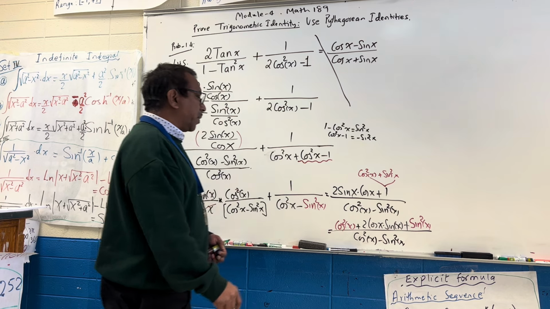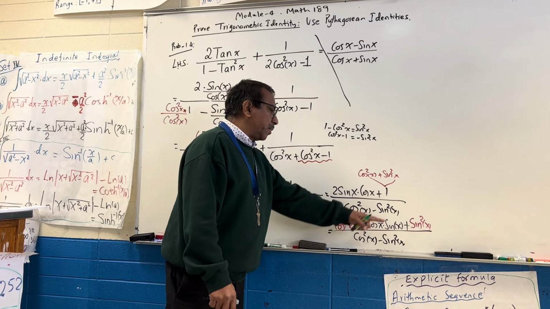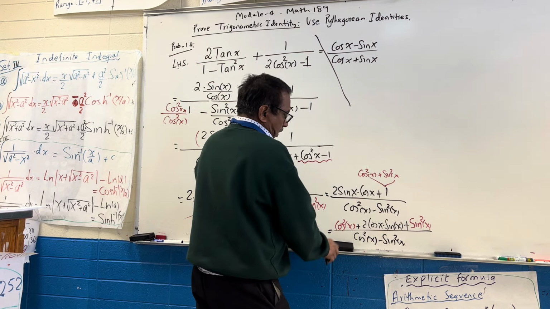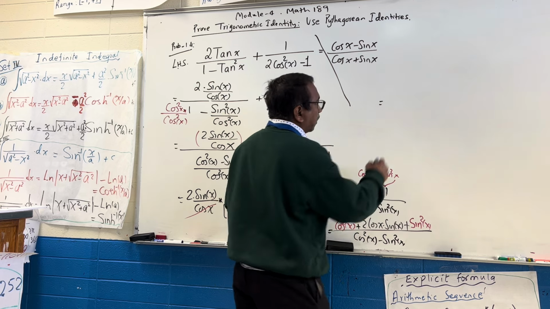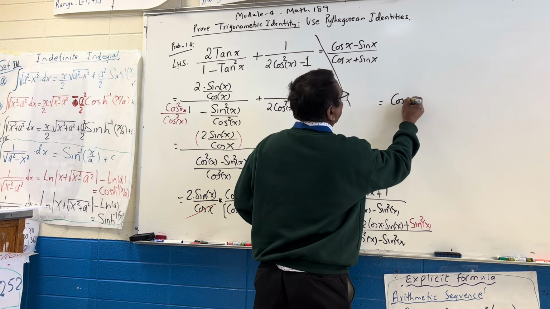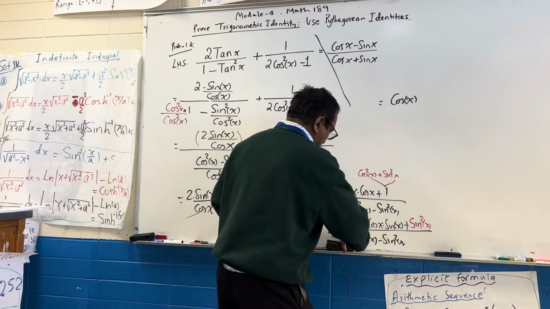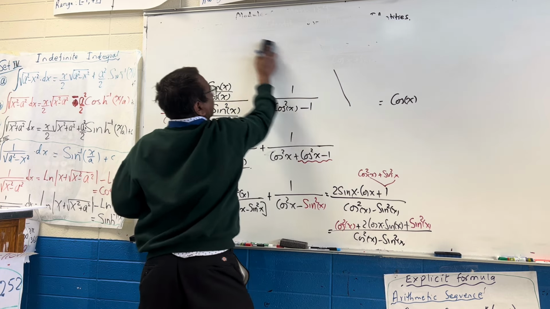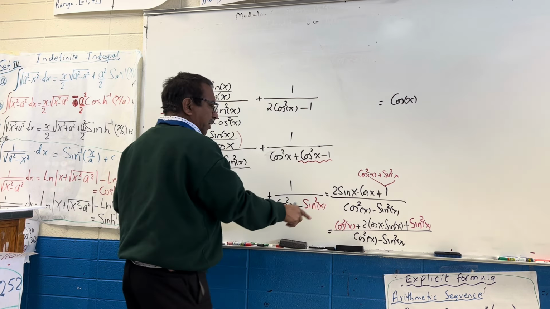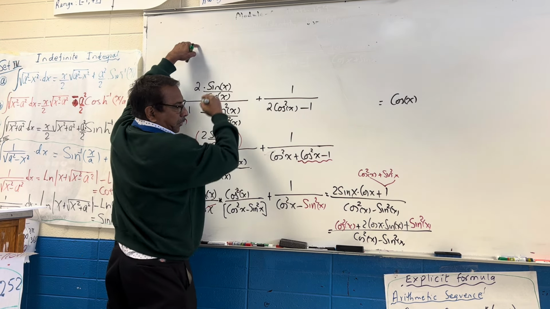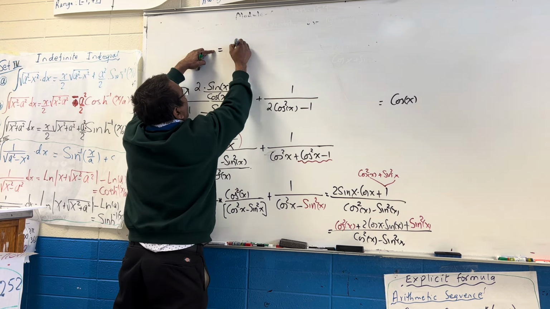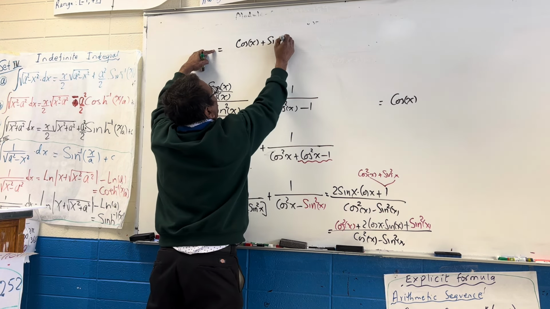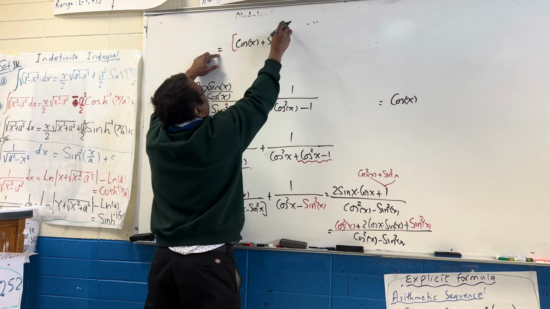So the numerator will be a square plus 2ab plus b square. So we can write this as cosine of x plus sine of x the whole square.